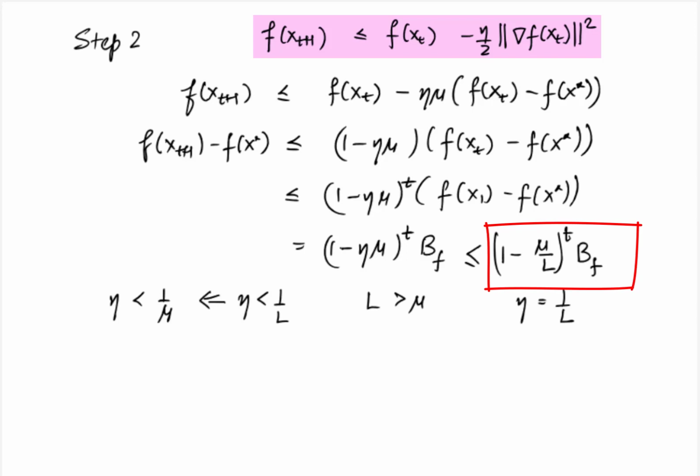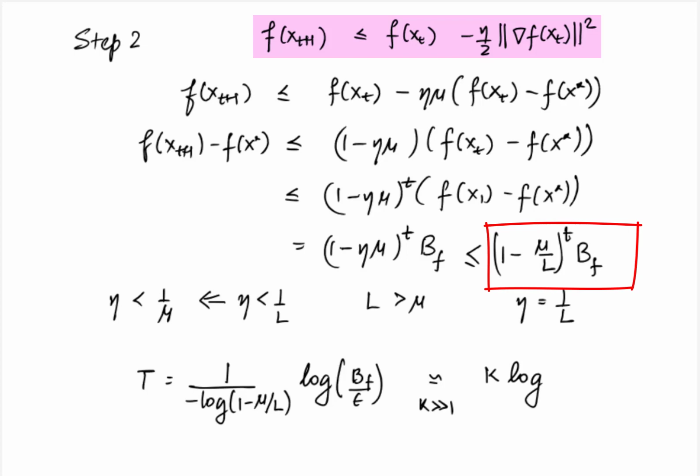To get the required oracle complexity bound, we would then equate this with epsilon and take the logarithm on both sides so as to get t equal to 1 over minus log 1 minus mu by L times log of Bf by epsilon. In case we assume that the condition number is much greater than 1, we can simplify the oracle complexity and obtain the required oracle complexity bound of order kappa log Bf by epsilon.